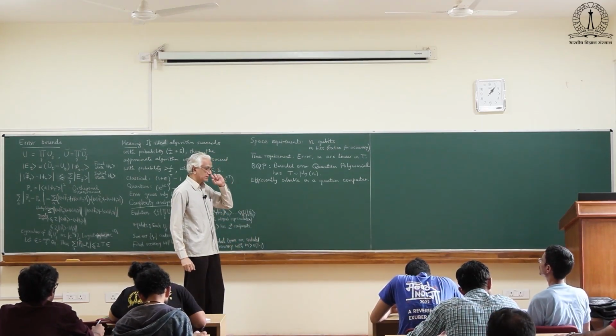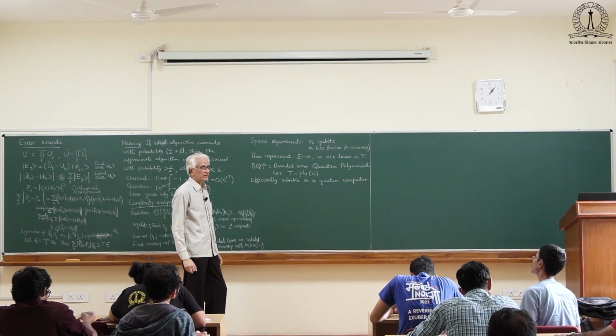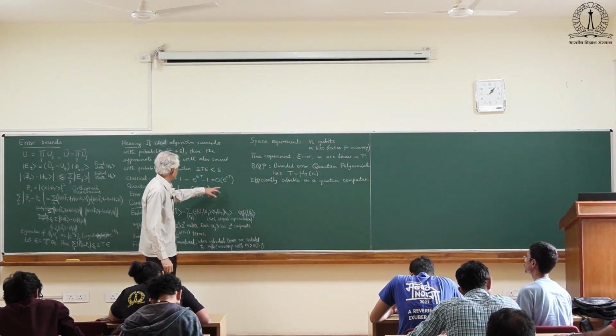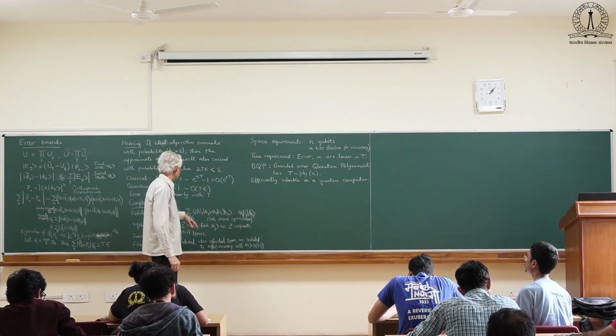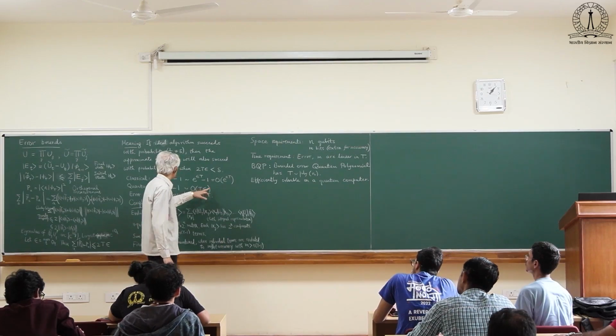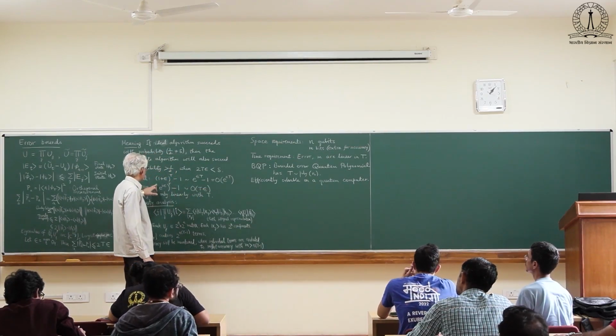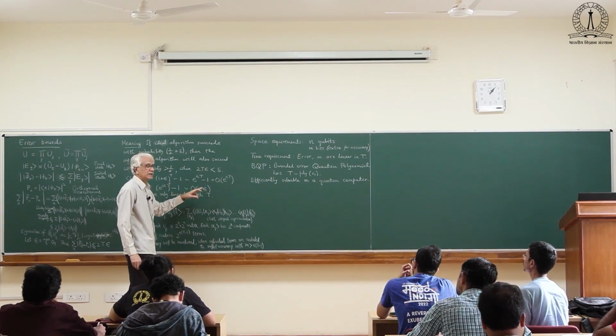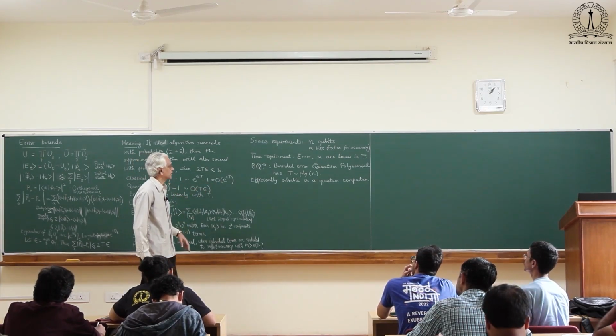Why is this an improvement? The improvement is buried inside various things. One of the labels which saw this contradiction between classical and quantum, something which turned from exponential to polynomial over there.